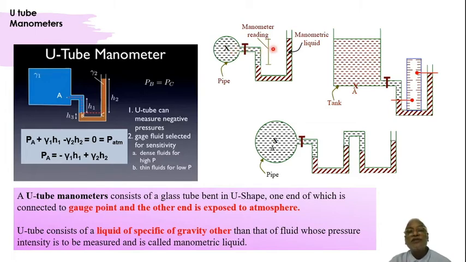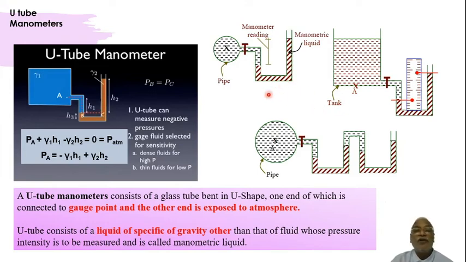If we insert a simple piezometer, the height to which the liquid goes up will be too large. To reduce that large height, a U-tube manometer is used with a heavy specific gravity manometric liquid. Generally the manometric liquid used in U-tube manometers is mercury.